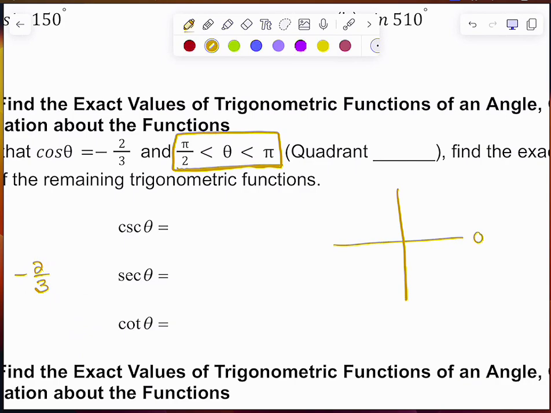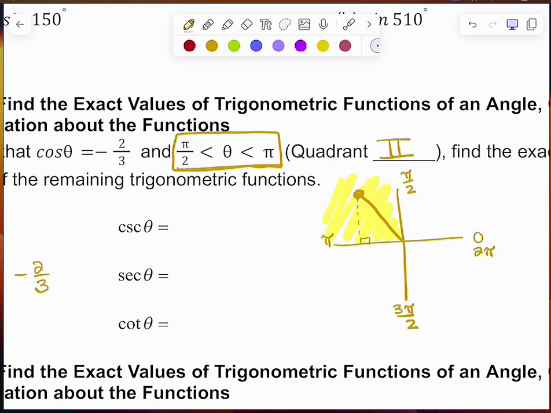This is 0, pi over 2, pi, 3 pi over 2, 2 pi. If my angle theta is between pi over 2 and pi, that means that we're landing in quadrant 2. So my reference triangle is going to be in this quadrant, and it always drops to my x-axis.